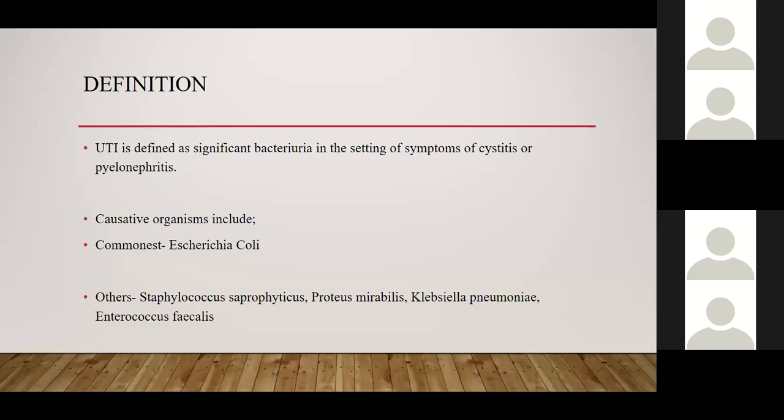So sometimes, due to some reasons, you are able to pass some of this E. coli from the back to the front. And once the E. coli gets into contact with your urethra, and then it traverses the urethra, then you'll be at risk of developing a UTI.